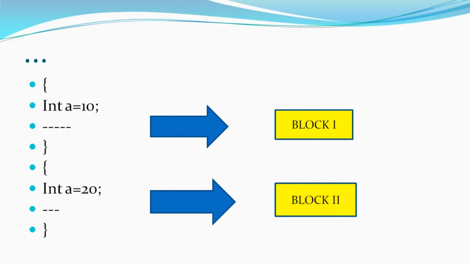Here we define again the value of a equals 20. So here the value of variable a is 20. There are some statements, and then we close the scope. So it constitutes our second block. So here the value of a is 10 in the first block and 20 in the second block. In this way we can define the variable in different blocks with different values.